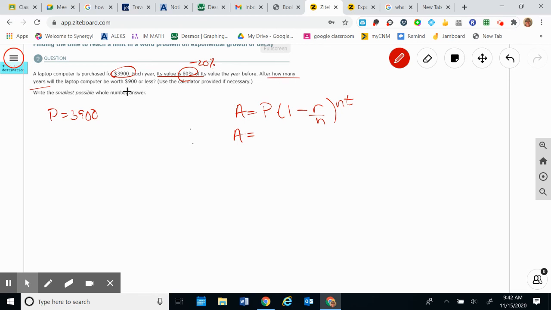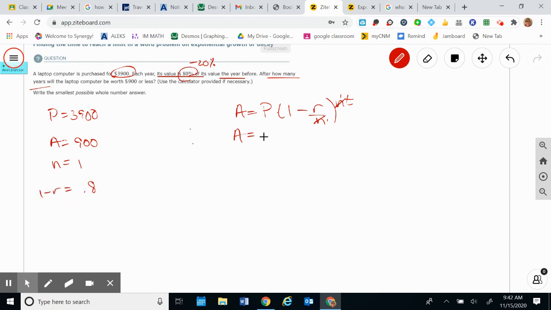After how many years will it be worth 900 or less? 900. Okay. So we want to go ahead and plug that in. N is equal to 1, so we can get rid of the N because it's just 1. And 1 minus R is going to be 0.8.